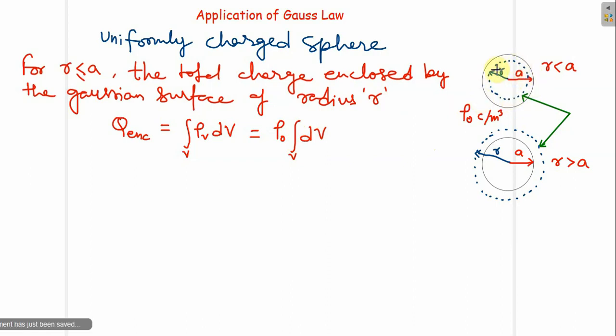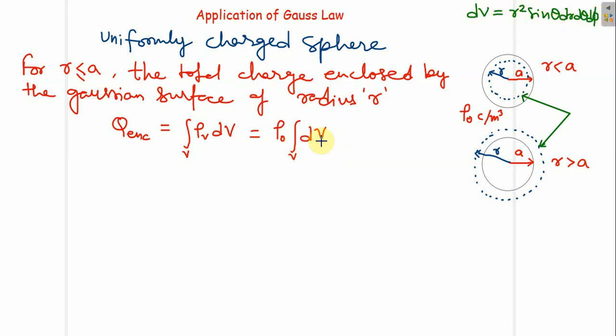For a sphere, if you remember the differential volume element in the spherical coordinate system, dV equals r square sine theta dr d theta and d phi. So this is the dV.